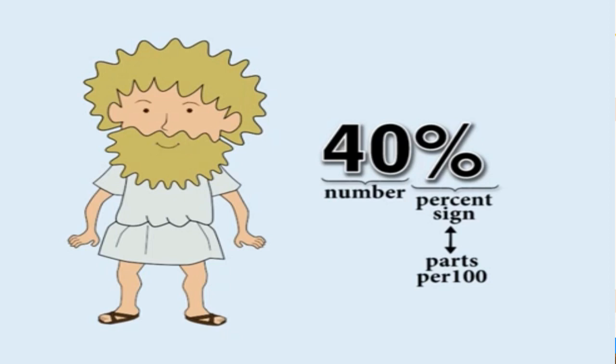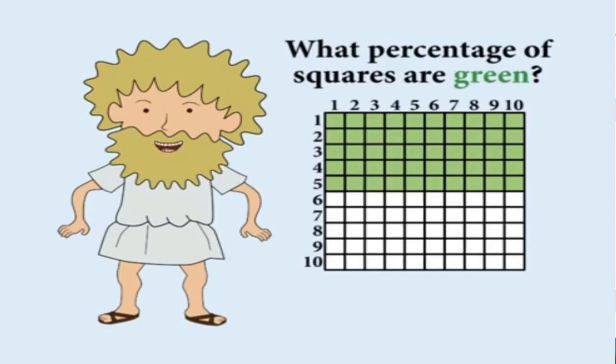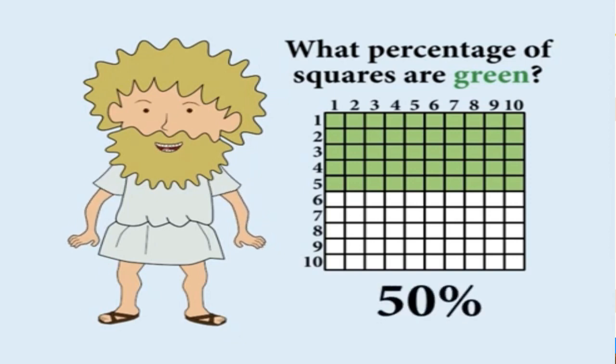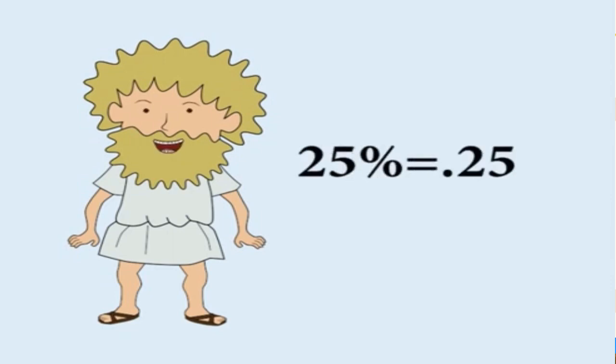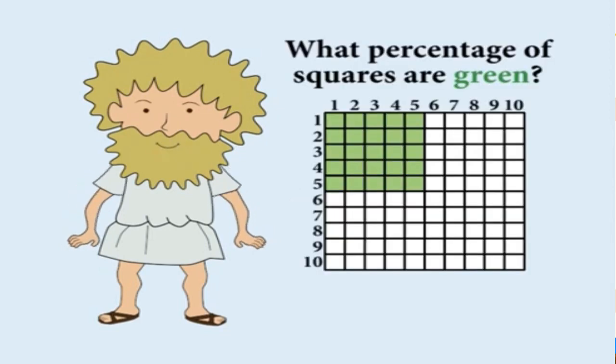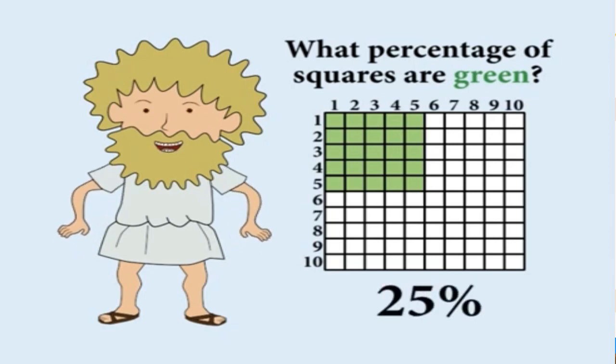Percentages are numbers followed by a sign representing parts of 100 every time. Just remember when you say percent, per 100's what is really meant. Move a point 2 places to the left and you will convert them to a number called a decimal.